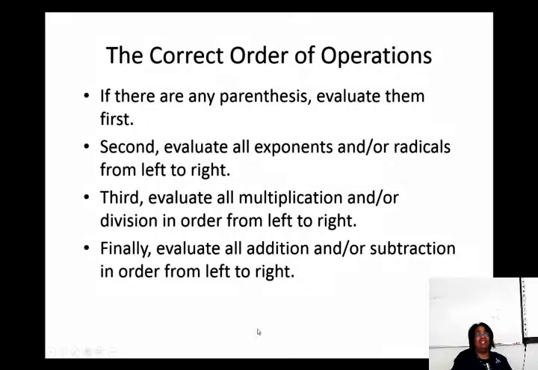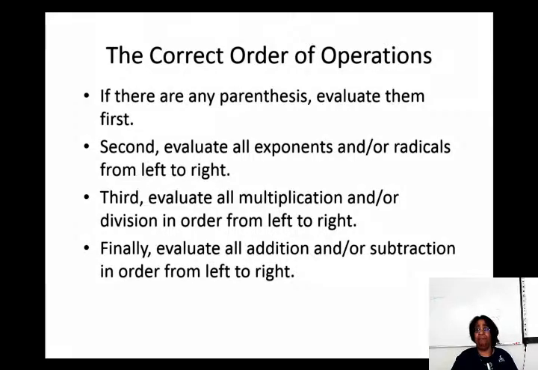Now, why do you think it's very important to know this order? Why is this really important? Anybody got a reason why? Because if you just do it from right to left, it won't be the right answer. Yeah, that you'll get differing answers. So if you don't follow these rules, this is a procedure that you have to follow. Otherwise, you'll come up with a totally different answer.